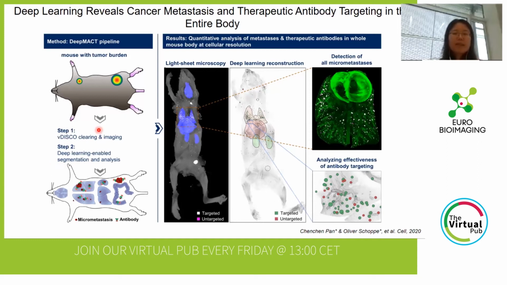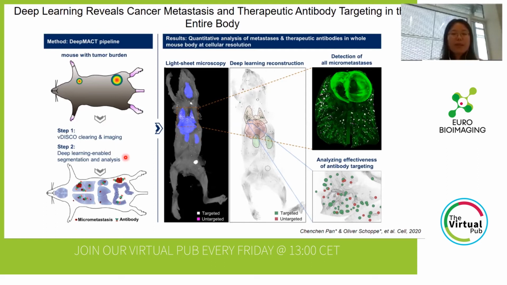For this, we can transplant cancer cells, for example MDA-MB231 cancer cells, into the mouse, and after 2 months, the tumor metastasis happened to different parts of the mouse body. Optionally, we can also inject the therapeutic antibody into the mouse. And then we can do the vDISCO whole body clearing and also imaging.